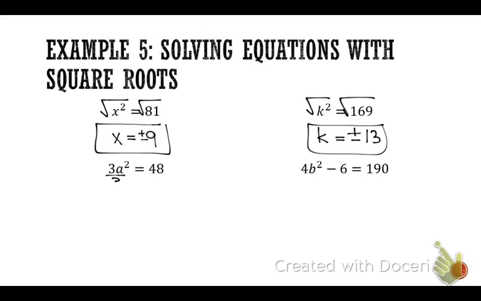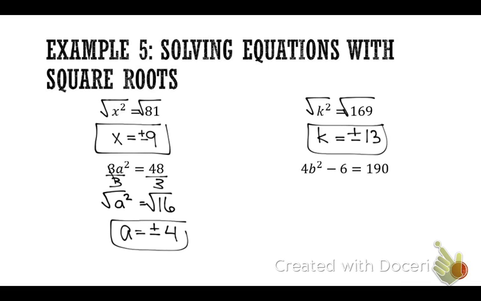Divide by 3, both sides. And now my 3's cancel, and I have a squared equals 16. Now that all that is left connected to a is my exponent, how can I get rid of my exponent? Square root it, both sides, and a equals positive negative 4.